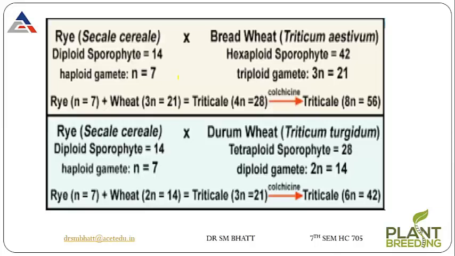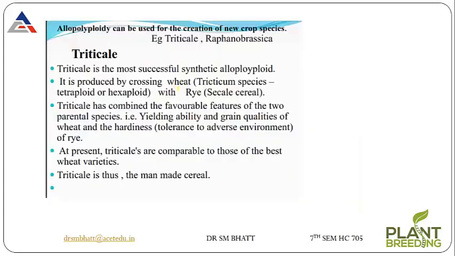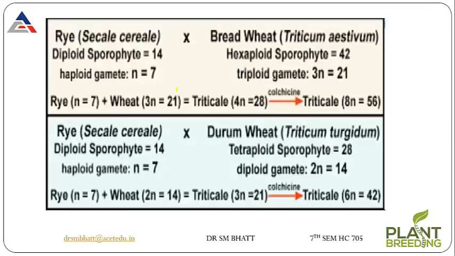Similarly, you can make triticale by crossing with rye, n equal to 7, and you get the triticale 2n equal to 28. But to make them fertile, you have to treat with colchicine. Colchicine makes it 56. So this is crossing followed by mutation.